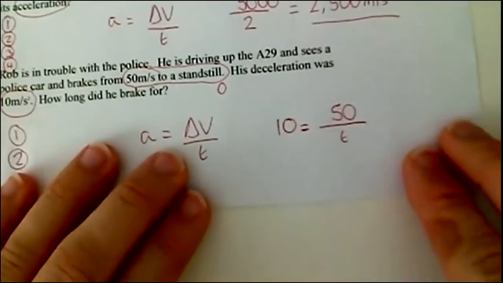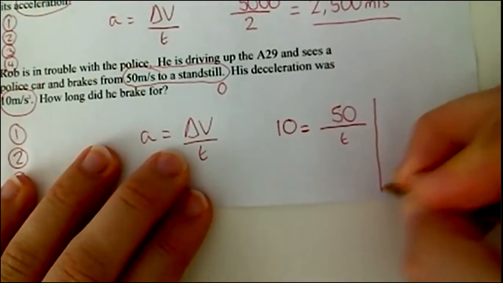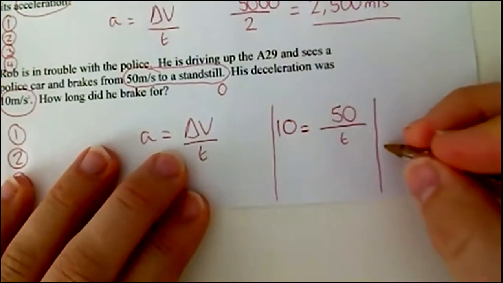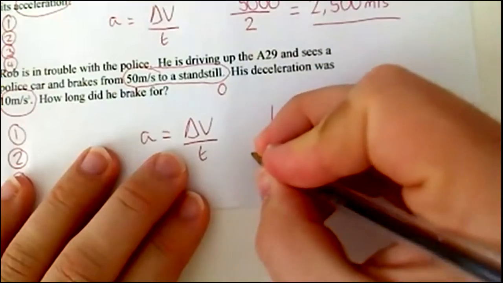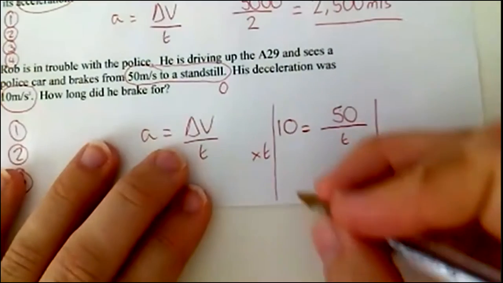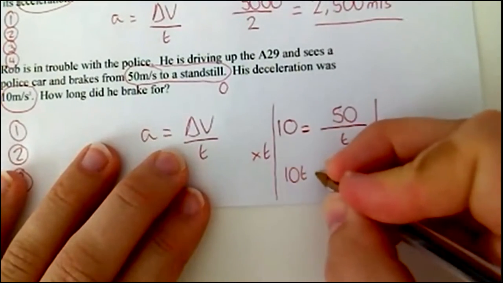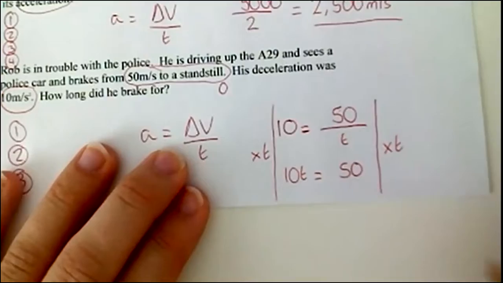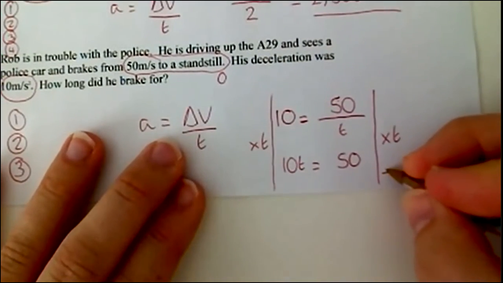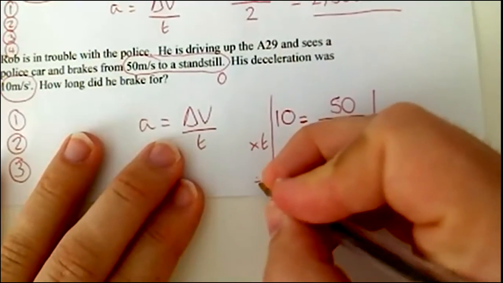We now need to rearrange the equation to make t the subject. So again, draw a line like you do in maths, times both sides by t. So now you've got 10t equals 50. I'm going to divide both sides by 10 to get t on its own.